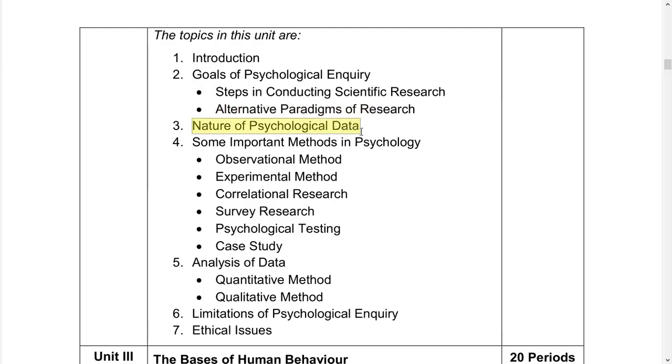nature of psychological data, that is types of data, and in the past week we have seen the important methods in psychology, that is these six methods: observation method, experimental method, correlation research, survey research, psychological testing, case study.